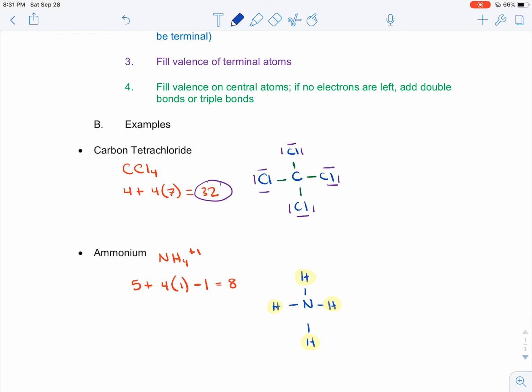If we look here, we've now filled our hydrogen, and we've actually already covered step 4 as well, which is filling the valence of our central atom. There's one last thing that we need to do when we have a charged molecule, and that is we need to put it in brackets to show that we have a charge on it. So there we have ammonium.